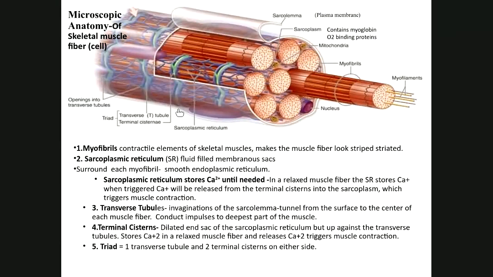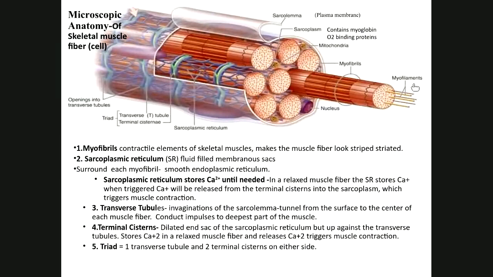So the muscle cell is made up of myofibrils, little tubes called myofibrils. And then within the myofibrils, there's even smaller little tubes called myofilaments. So we'll get into all of this in greater detail. But let's look at what we're seeing here.